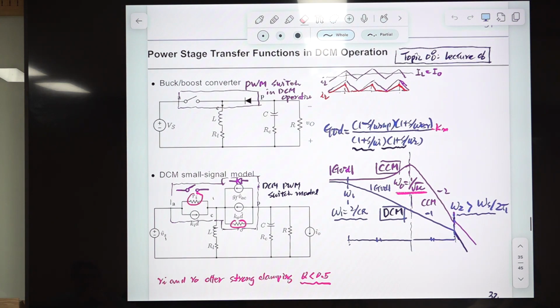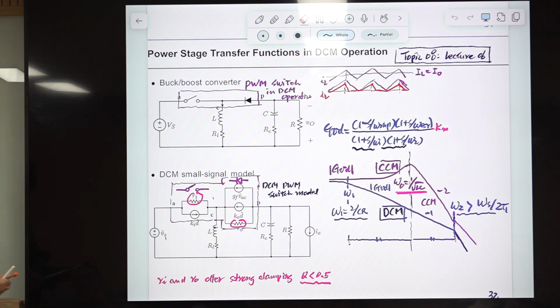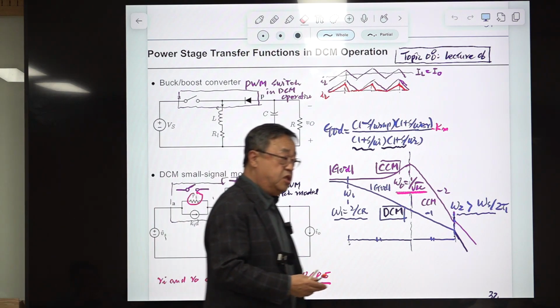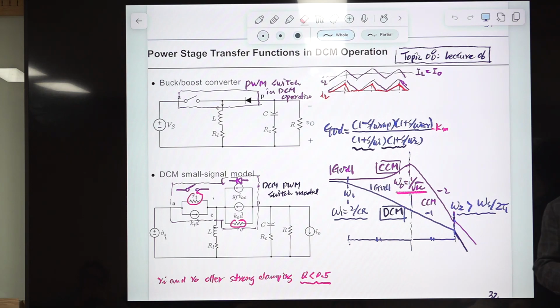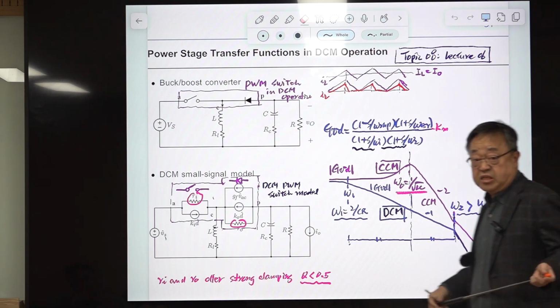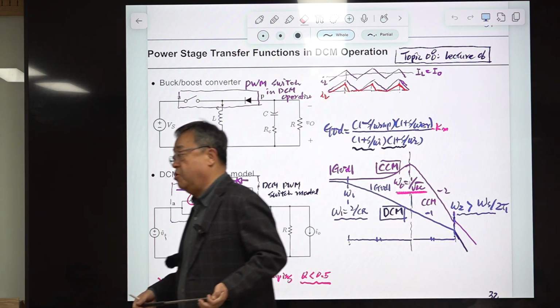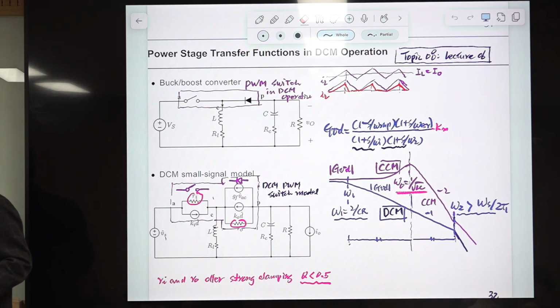We discussed the power stage transfer function of the converter in DCM operation. Maybe some of you are not familiar with this topic. If that is the case, I recommend you go to topic 8, lecture 6, which is posted on the YouTube site and the OCW site.